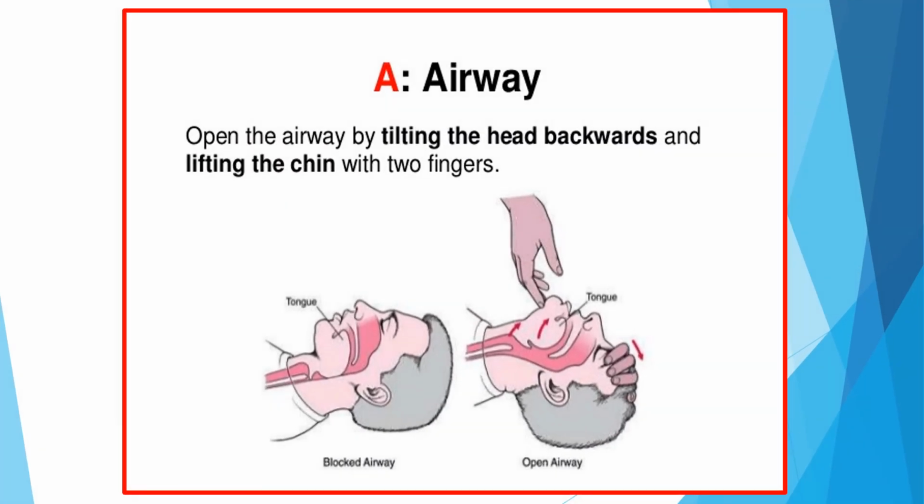The complex structure of the human body leading from the lips to the lungs is often referred to simply as the patient's airway. The airway is one of the more important parts to be checked when providing first aid and is typically the first item given attention in the seriously sick or injured patient.